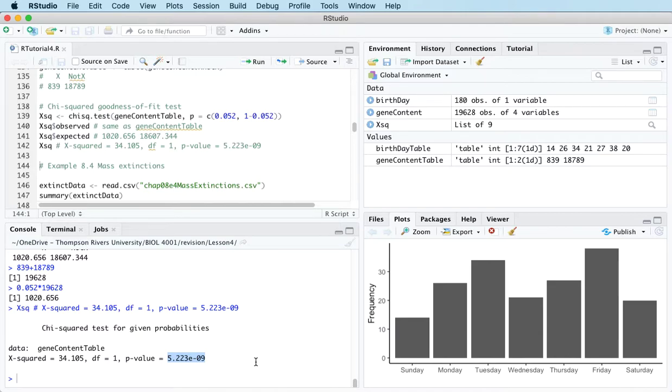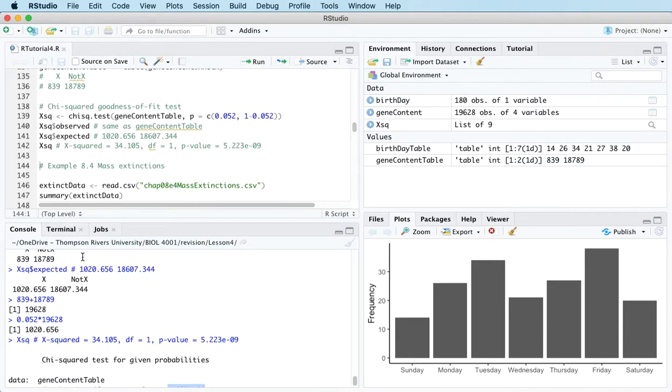And we can say that it appears that the probability that a human gene appears on the X chromosome is not 5.2%. Okay, what did we get? We got a number that was considerably less than what we expected.